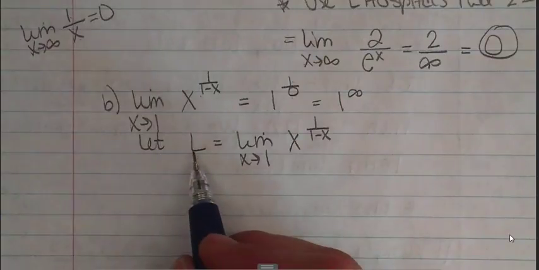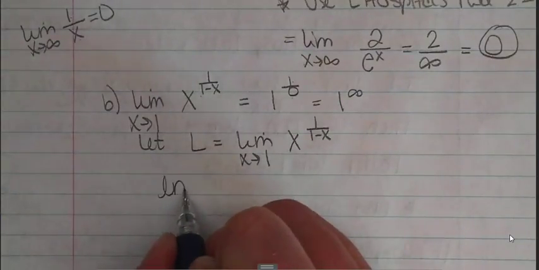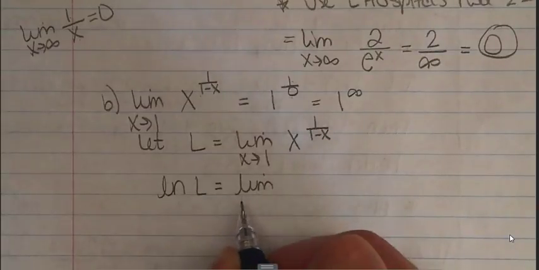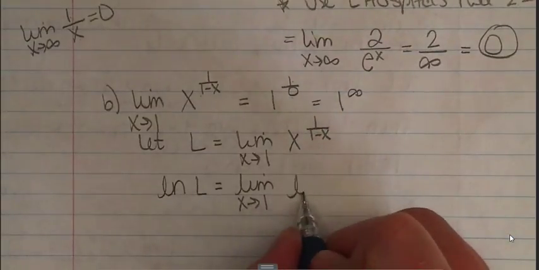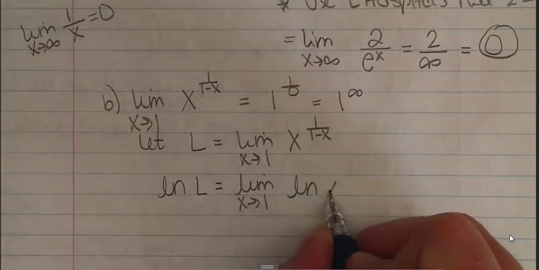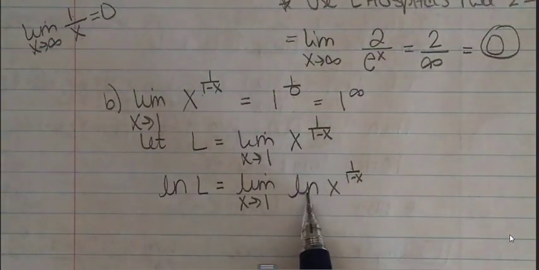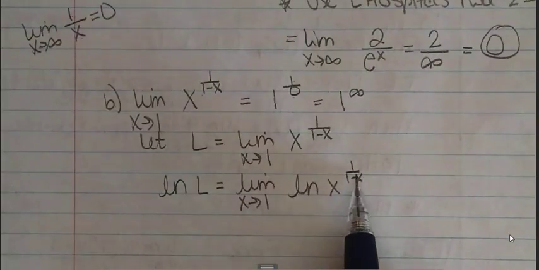So now I'll take the ln of both sides. So the ln of L equals, I'm going to keep the limit out front, the ln of this side. So using that logarithm now allows me to bring down my power.